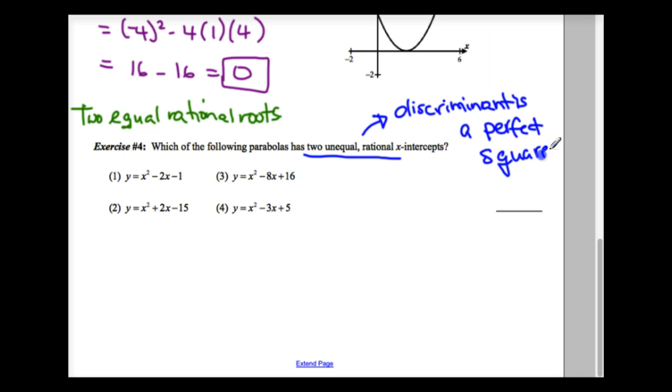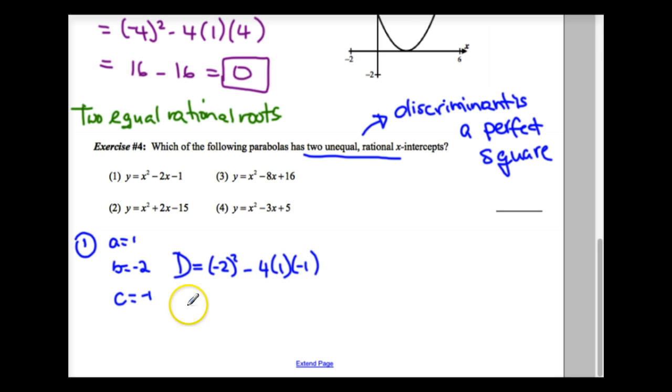So all we gotta do is test these out. So let's do choice 1. Choice 1, my A is 1, my B is negative 2, and my C is negative 1. So my discriminant is equal to negative 2 squared minus 4 times 1 times negative 1. This becomes 4 take away negative 4. This is 8. 8 is not a perfect square, so choice 1 is out.